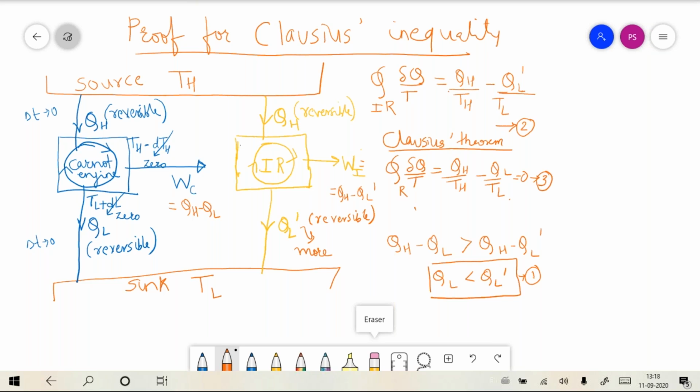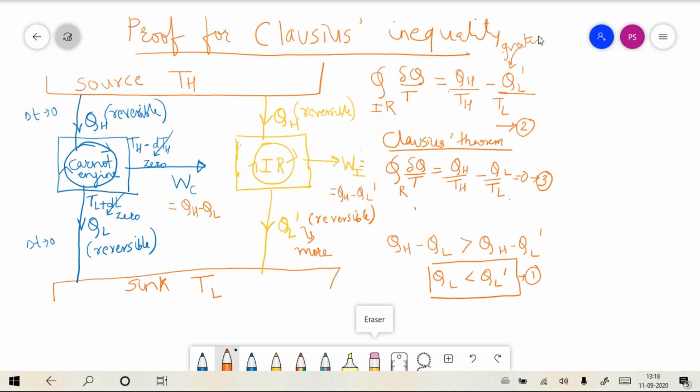You will find that this term is greater than QL.